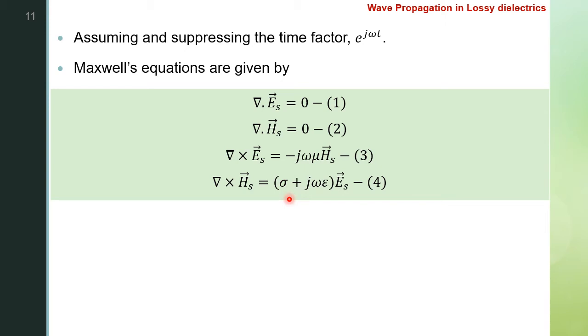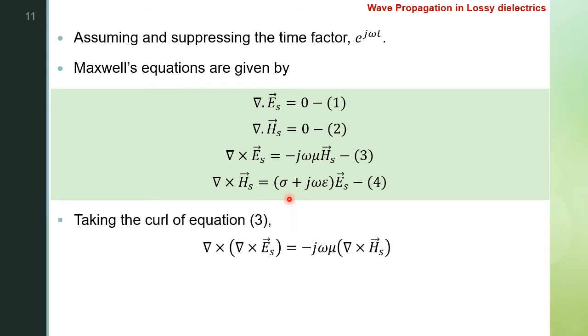Now we will take the curl of equation 3. On taking the curl of equation 3, we get del cross del cross Es is equal to minus j omega mu del cross Hs. On observing the LHS, it is the curl of a curl of a vector. It can be expanded using the identity del into del dot A minus del square A. And on the RHS, we have del cross Hs.